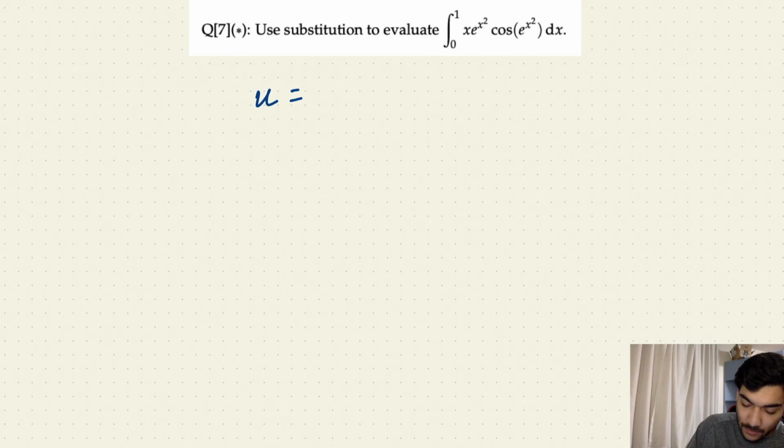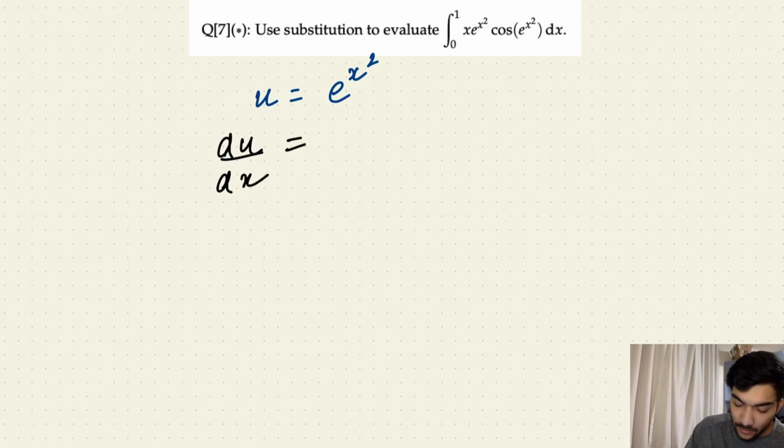You know that when you have a function, for example u equals, let's suppose our function is u, and let's suppose it's e to the power x square, and when you differentiate this function with respect to x, what would be the differentiation of that? We'll use the chain rule in order to do that. It would be e to the power x square, because the derivative of e to the power something is e to the power something, and then because of the chain rule, we'll also have to take the derivative of x square.